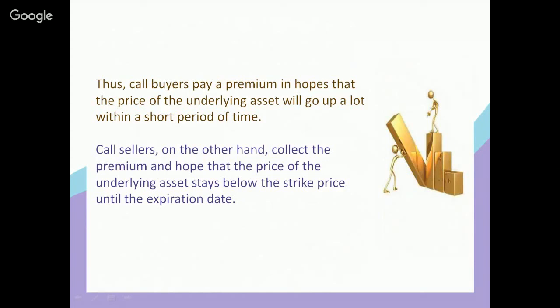Call sellers, on the other hand, collect the premium and hope that the price of the underlying asset stays below the strike price until the expiration date. Now, after the expiration date, the call seller could not care less if Apple stock goes way up. After November 18th, it doesn't matter.